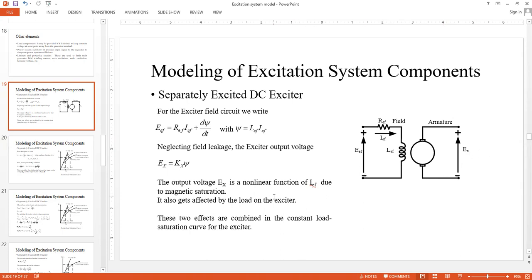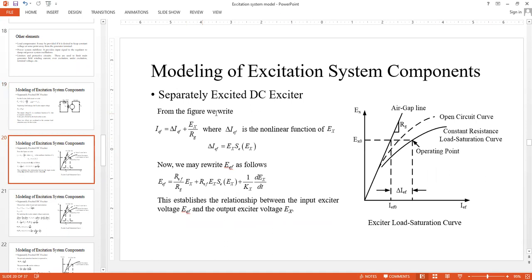That is the synchronous generator. We went through some derivation for this, and we talked about the exciter load saturation curve. We started from the open circuit curve, the OCC, where without loading the OCC would look like this. There won't be any armature resistance drop or armature reaction drop. At the initial part of this nonlinear OCC curve, if I draw the tangent line, we get the air gap line.